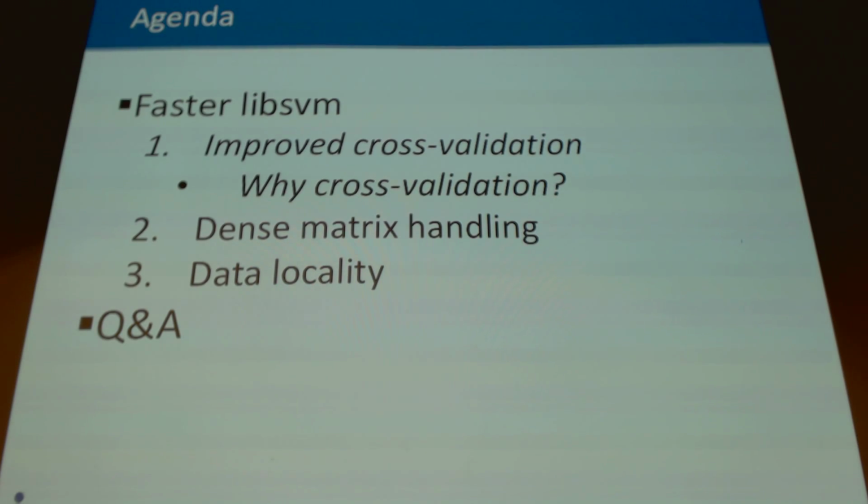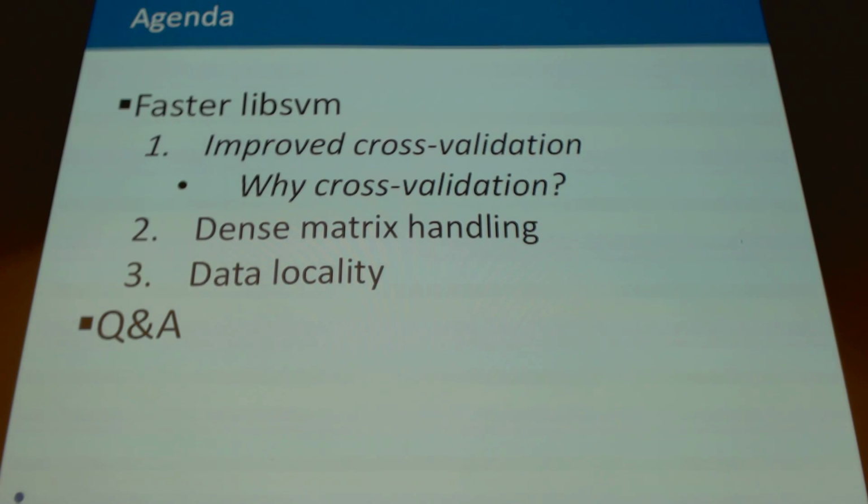So the subject is basically to run a faster version of libSVM. And it has three components or three speedups. One is faster cross-validation. And as you know, at least two-thirds of you, libSVM can be used to run cross-validation.